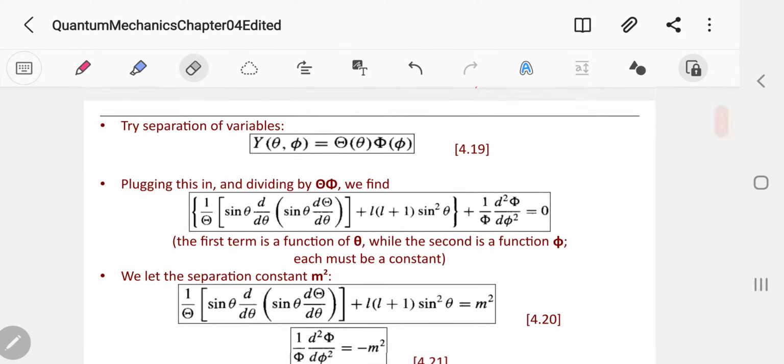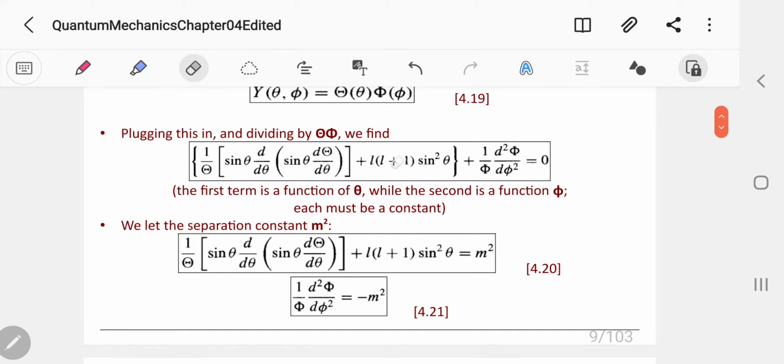So again, each of these terms, because this one is only a function of theta, and this one is only a function of phi, must be equal to a constant. So we let the constant be equal to m squared.